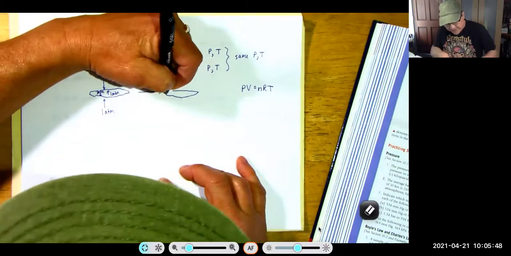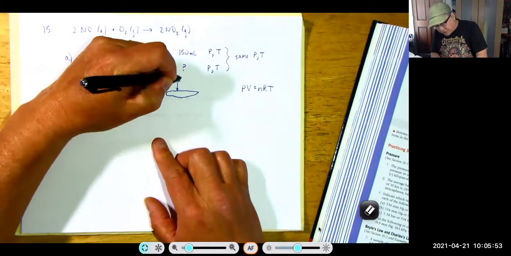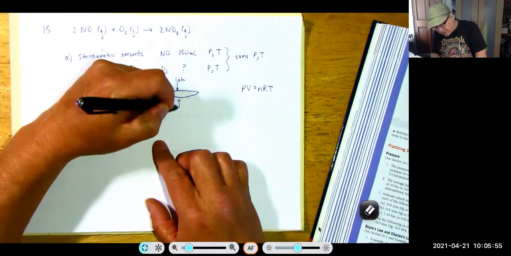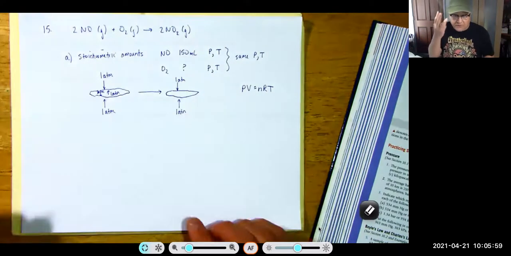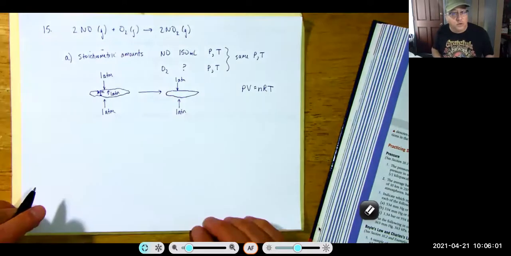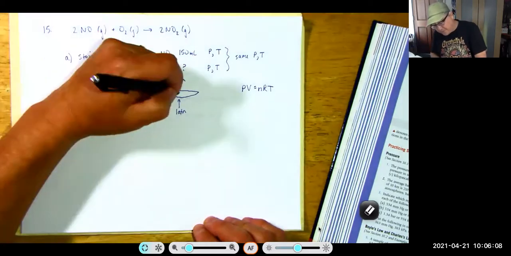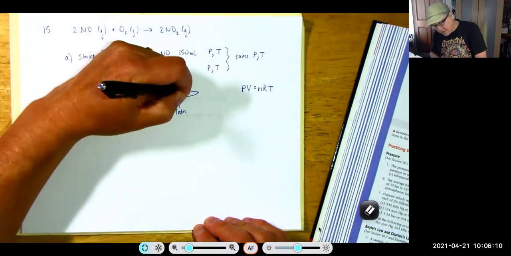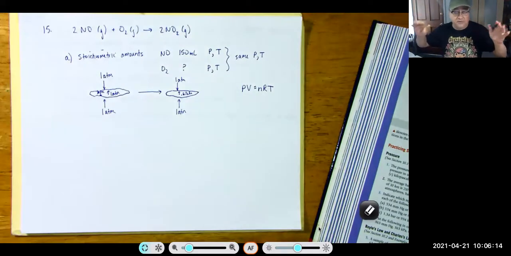We have 1 atmosphere of pressure pushing and 1 atmosphere of pressure pushing. But inside the bag, since we only have 2 moles for every 3 moles we started with, we only have 2/3 of the pressure that we originally had, which would be 0.67. So inside the bag, it's pressing out, not with 1 atmosphere, but a little less.